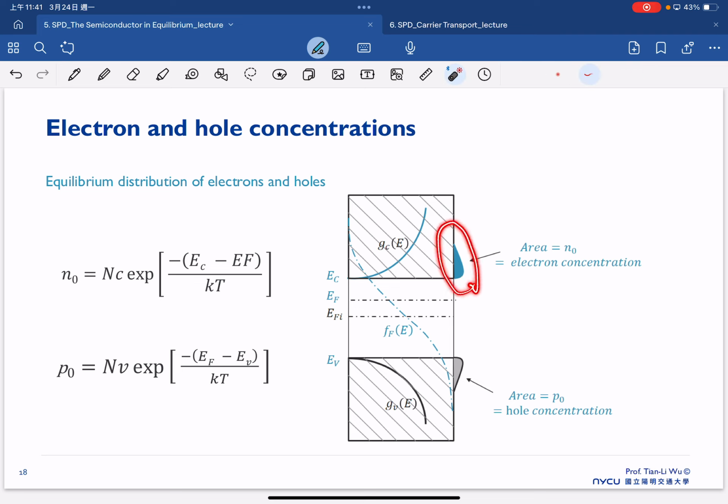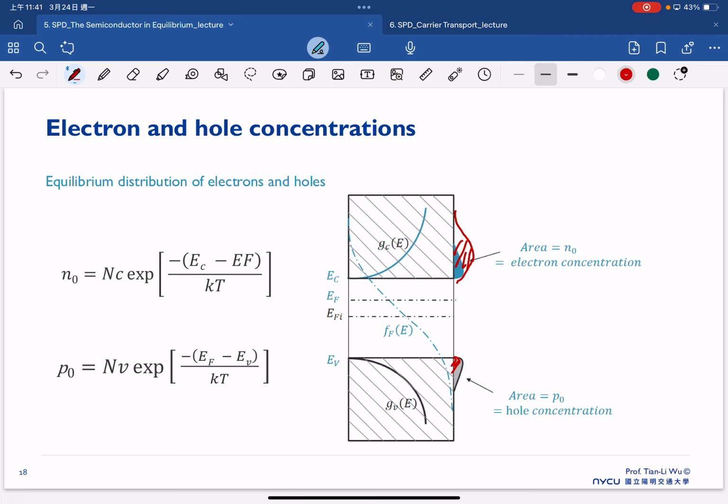But now if we shift the EF toward the EC, you actually start to see the area is increased. The area increase suggests that we can get a higher electron concentration, but also the hole concentration is decreased as well.